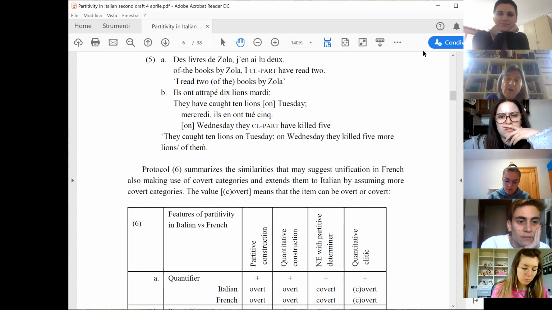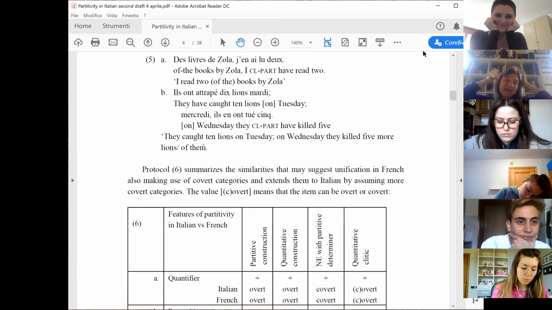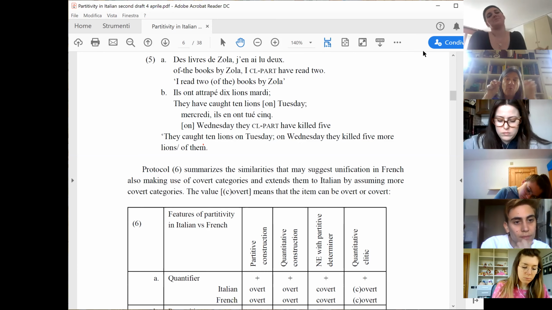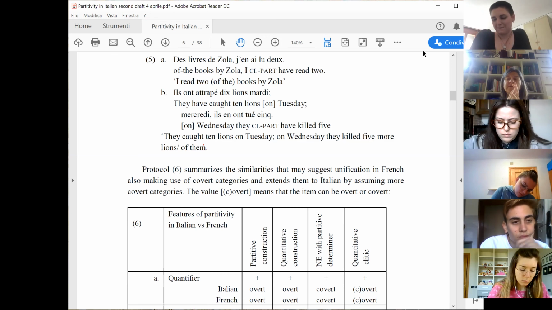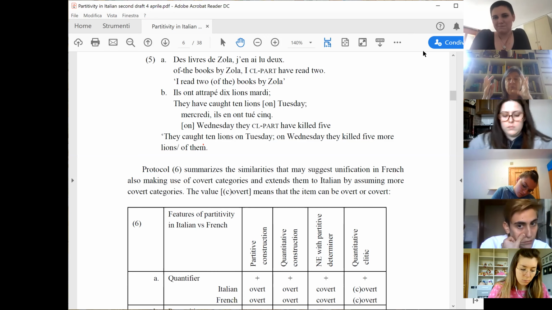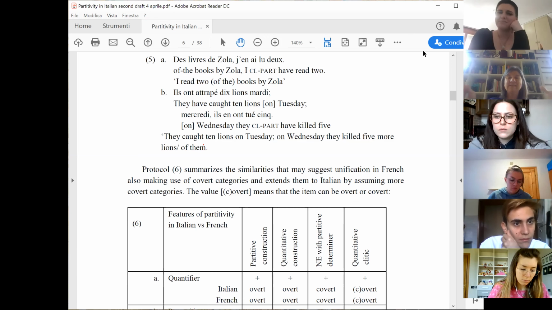Now one can, of course, argue whether it's just a matter of discourse, so that it's there at the back of our minds which lions are relevant, out of which to pick our indefinite 5 lions, or whether there is a partitive PP which is projected but silent in the structure.